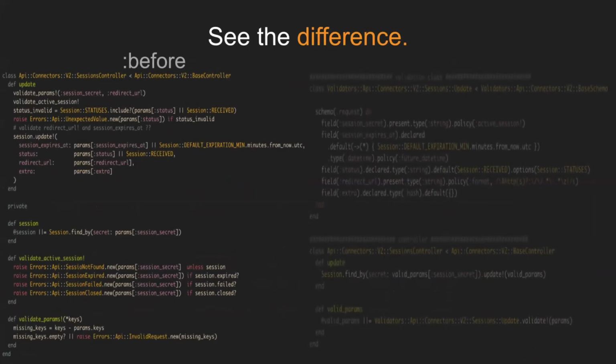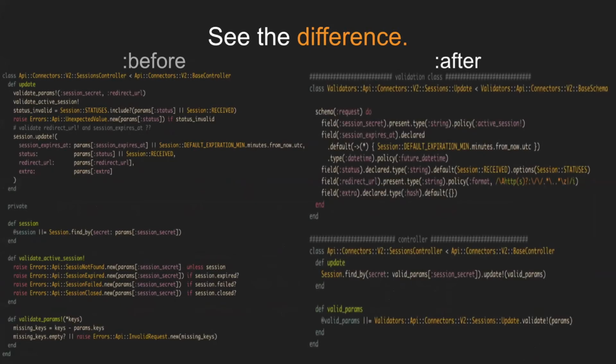This is how the controller looked before on the left side. And on the right side, you see the validation class, which is above, and the controller that now includes only its own responsibility. Despite the fact that lines of code were reduced, the new approach performs many more actions and validations, and it is safe.